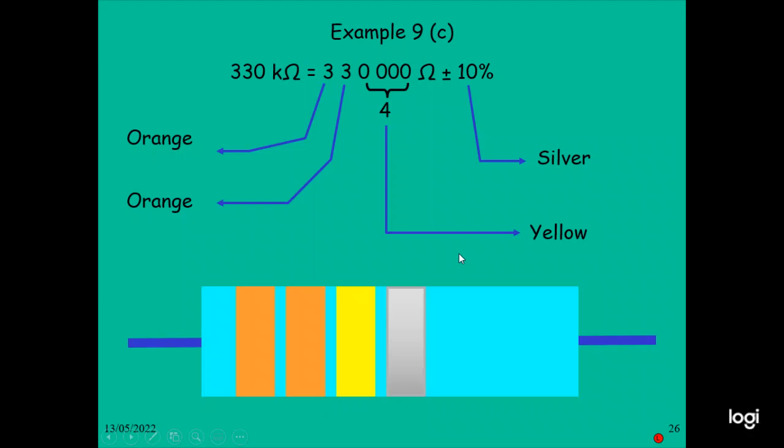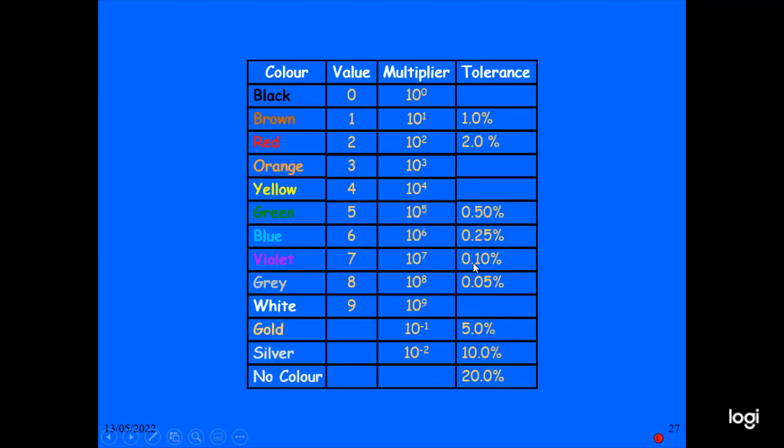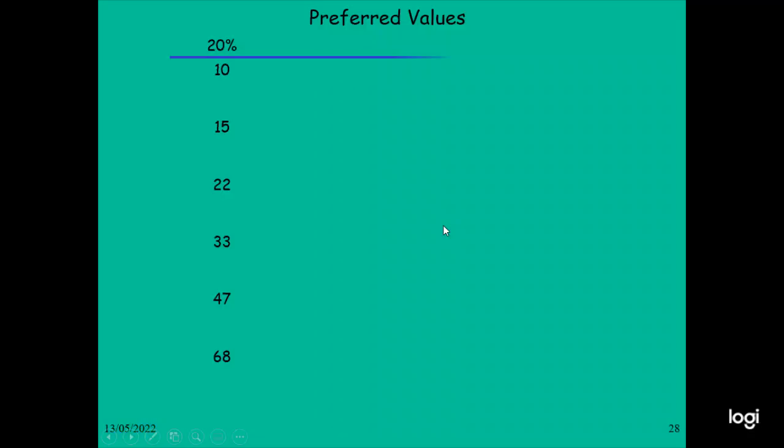So this is the connection type, the resistor color coding. You can see from this table how it depends on the position of your color code and also the multiplier, and you have to use the tolerance. This is the preferred value.